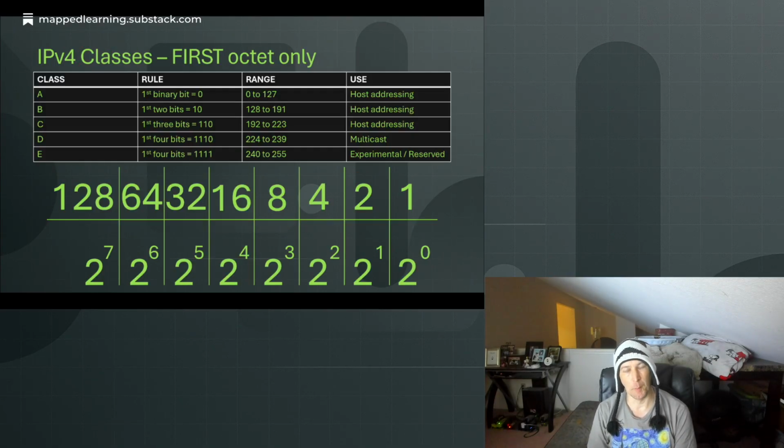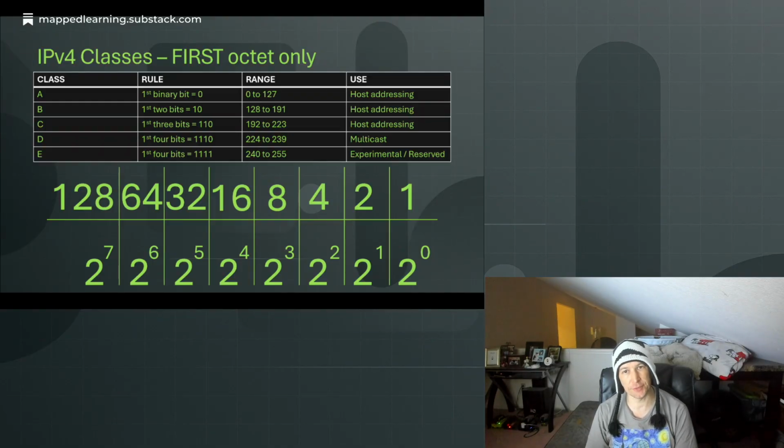Now, when we talk about IPv4 addresses, we need to understand classes. Classes are the basis by which all networking begins. IPv4 was first published in September 1981 for DARPA. And when they published IP version 4, they came up with these class rules.